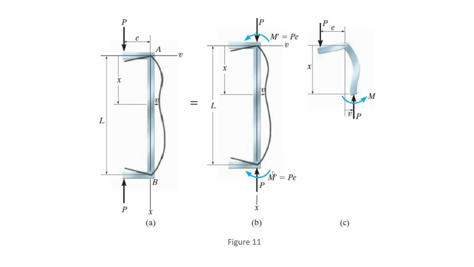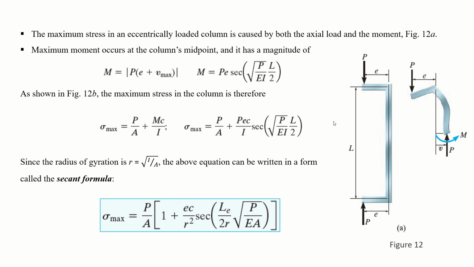So this P plus M is now applied, and when you take a cross section at the distance x, now this P and M are applied, and in addition to that, the buckling or deflection of this point from the original axis is rho. So you have to keep this in your calculation as well.